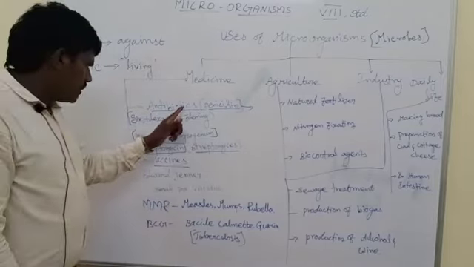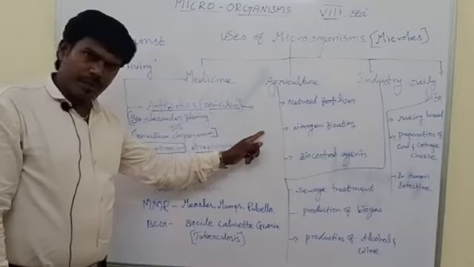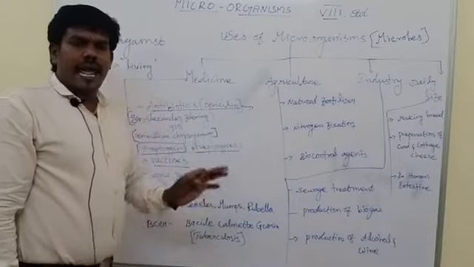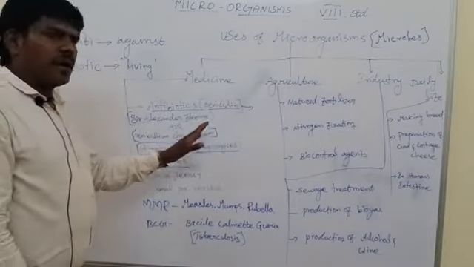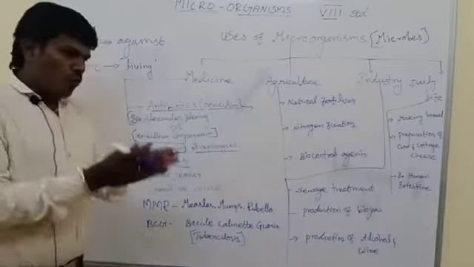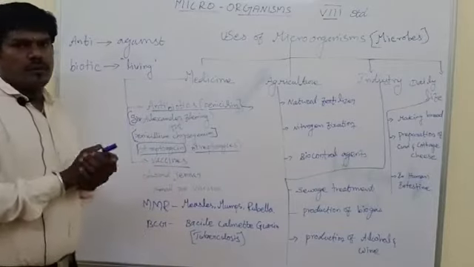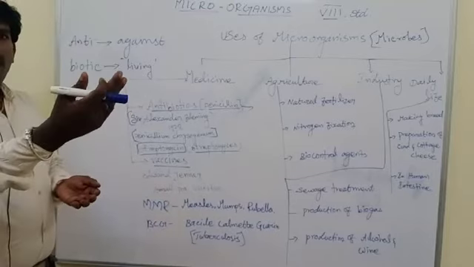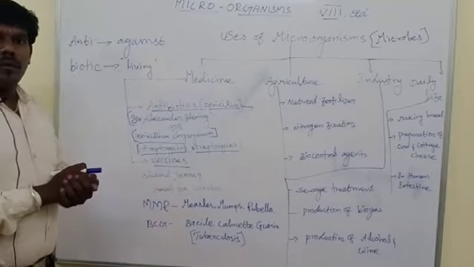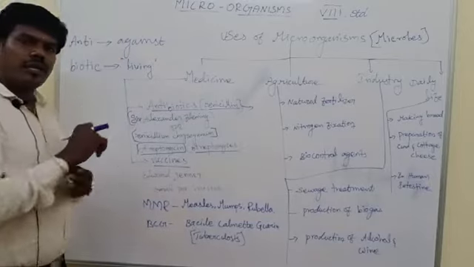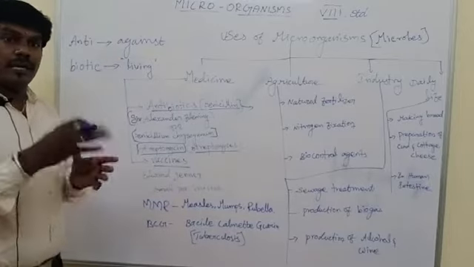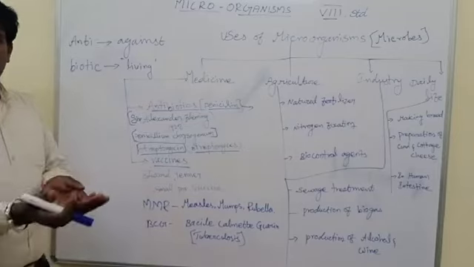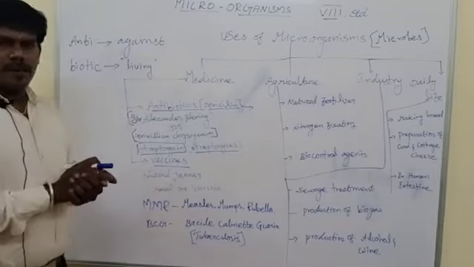Basically, antibiotics are toxic substances provided by living organisms for use against other organisms. One microbe will provide antibiotics, and you utilize them against another organism that may be causing some disease. When you want to prevent or cure that disease, you utilize this kind of antibiotic.